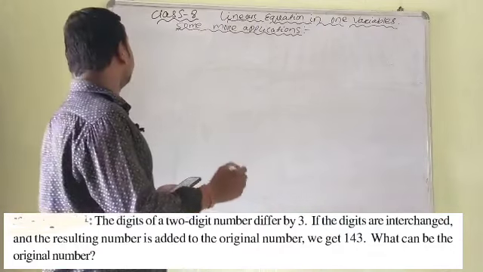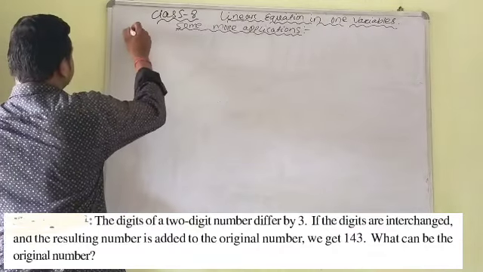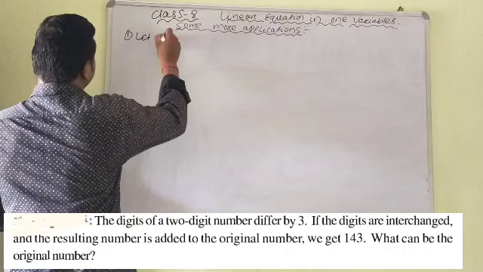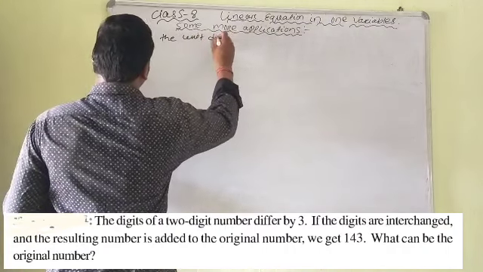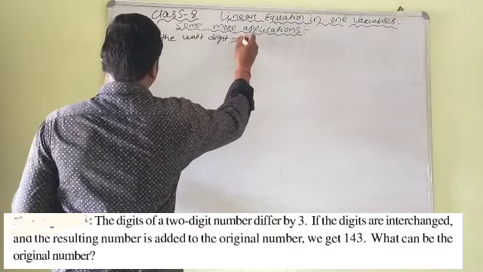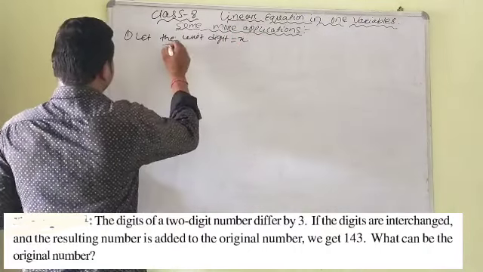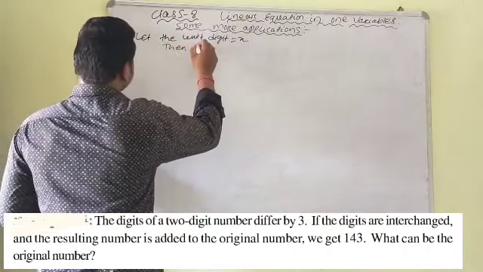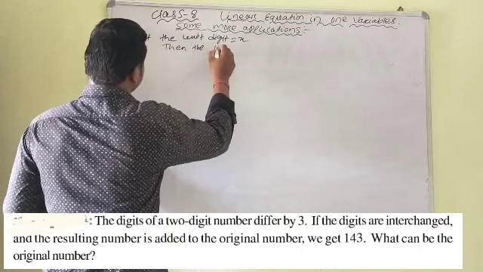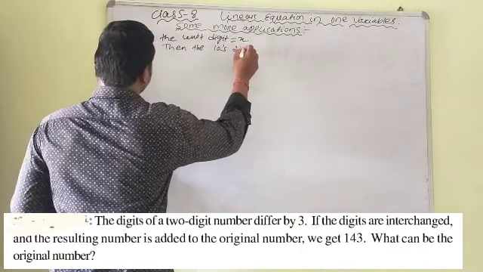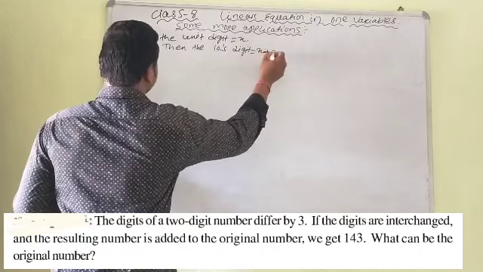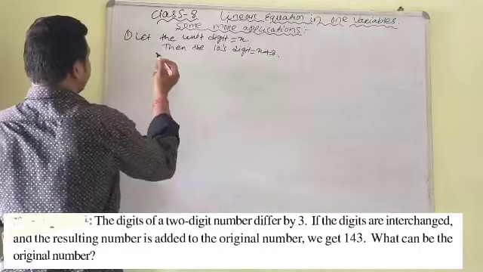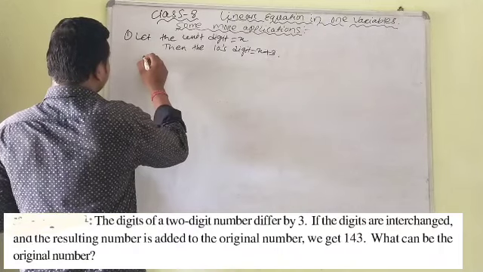So we will have to take, let the unit digit equal to x, okay, then the tens digit is equal to x plus 3, okay. Now what is the two digit number?